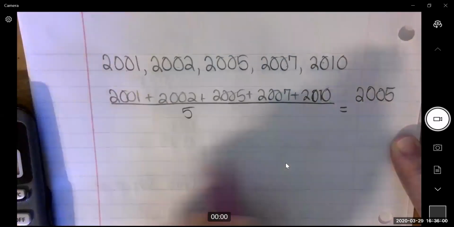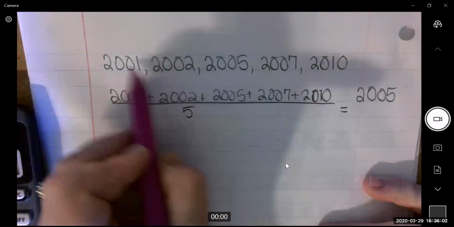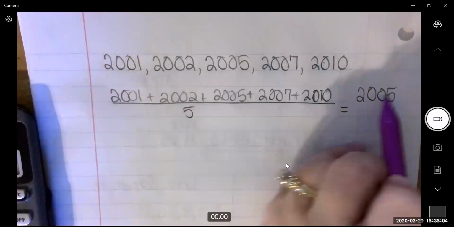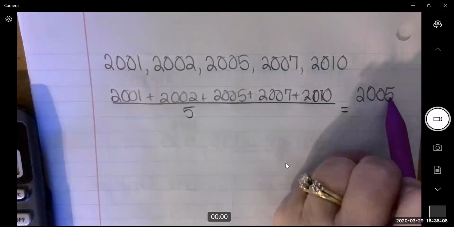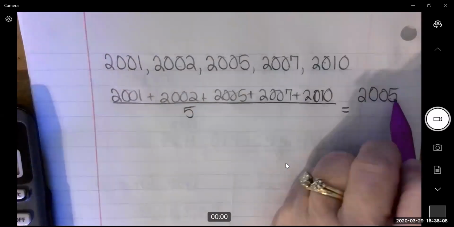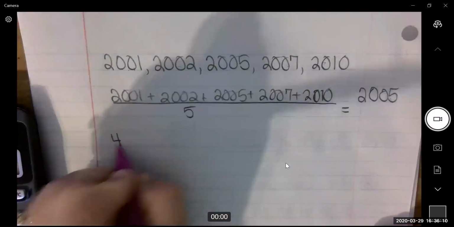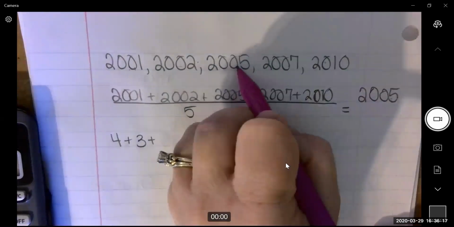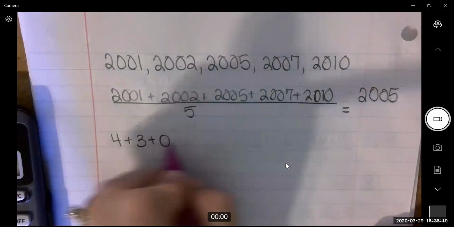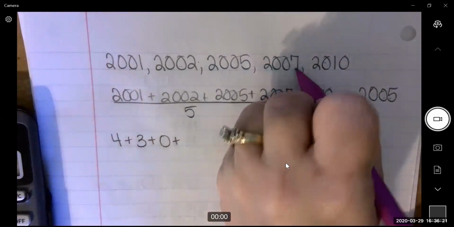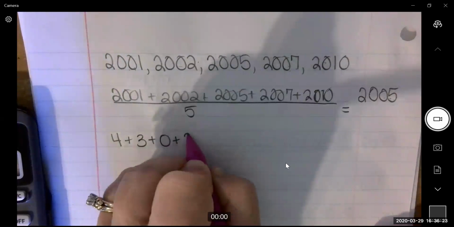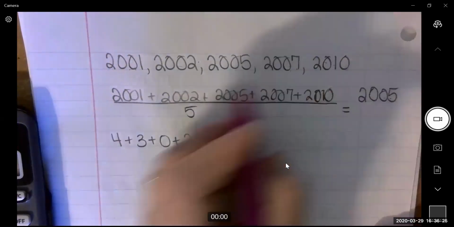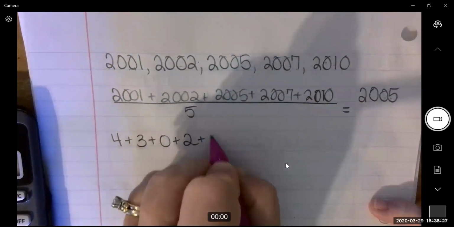Okay, that's step 1. Step 2 is we're going to find how far is each piece of data away from the average or the mean. So 2001 to 2005 is 4. 2002 to 2005 is 3. 2005 to 2005 is 0. 2005 to 2007 is 2. And 2010 to 2005 is 5.